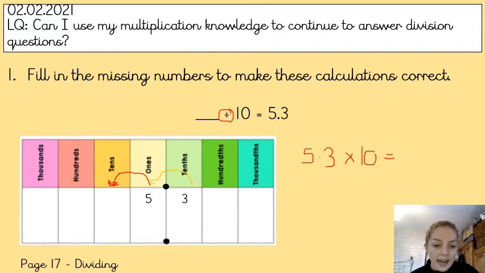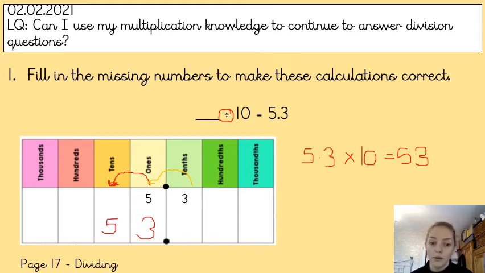So your 5, instead of 5 ones, it turns into 5 tens. And your 3 tenths, because it's 10 times bigger, turns into 3 ones. So your answer should be 53.